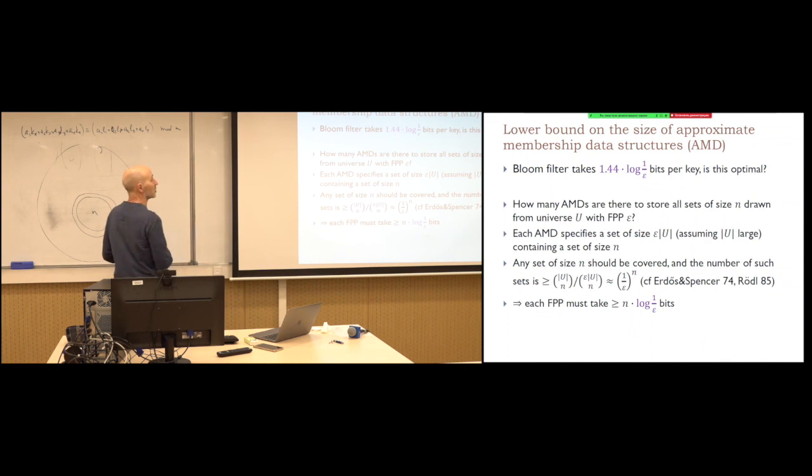Why? Because if I approximate n choose m by n over m to the power of m, then this will be u over n to the power of n divided by epsilon u over n to the power of n, and this is 1 over epsilon to the power of n.